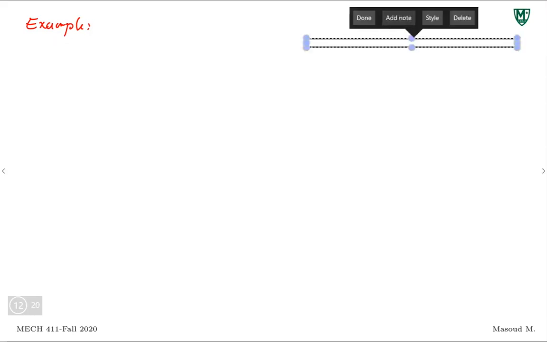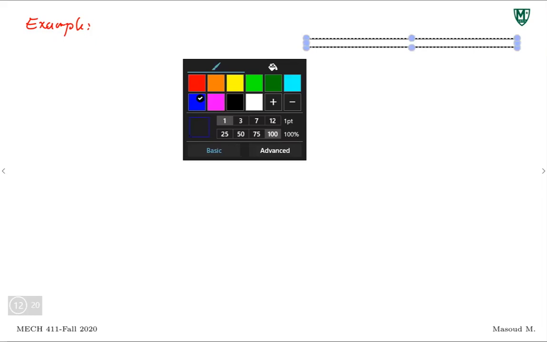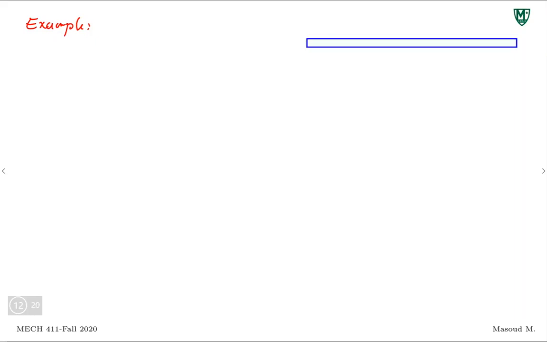Let's say we have a bar like this, sitting on, why am I using the wrong color? All right, we can just change it to be consistent. It's sitting on two springs.